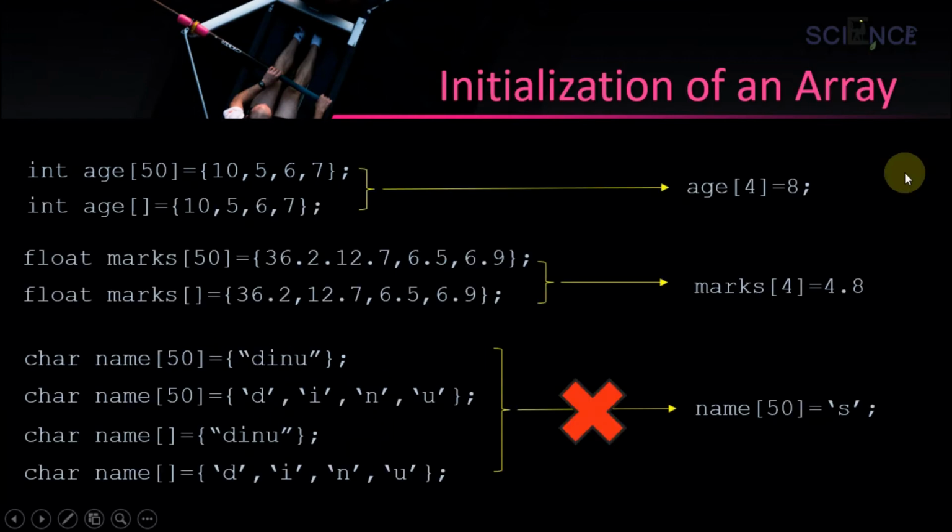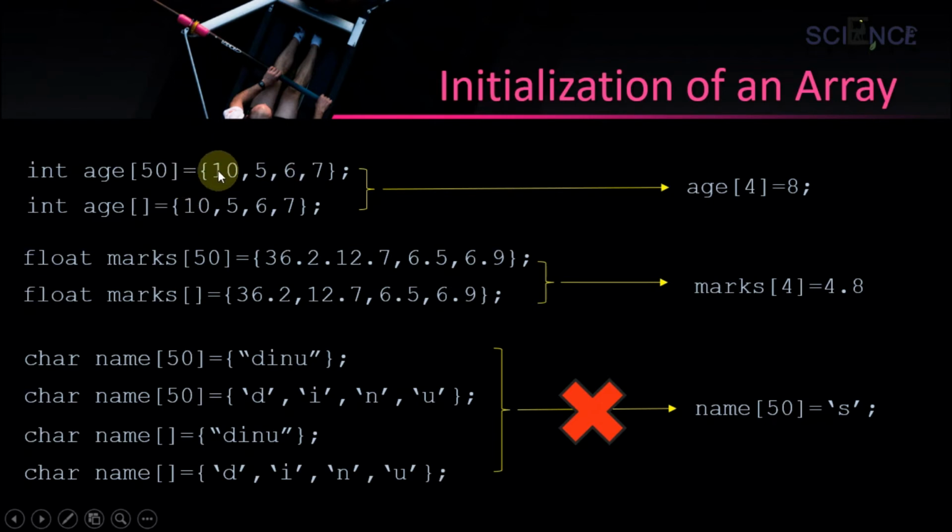Then I told you that we can assign values after declaring an array, later, right? So let's see how we can do this. Here, this is how we can assign values at the moment we declare the array. I have assigned 4 values into this age array, so I can add values after that, right? So what are the indexes of these elements?